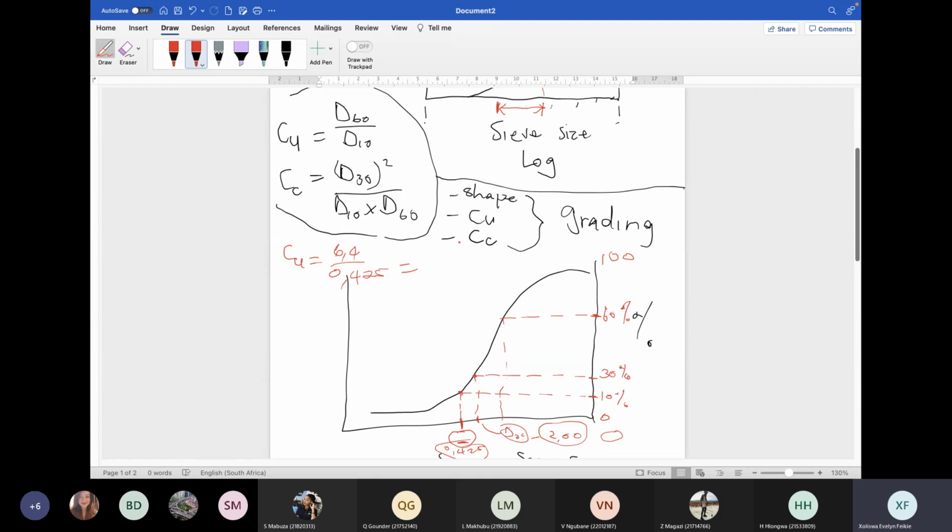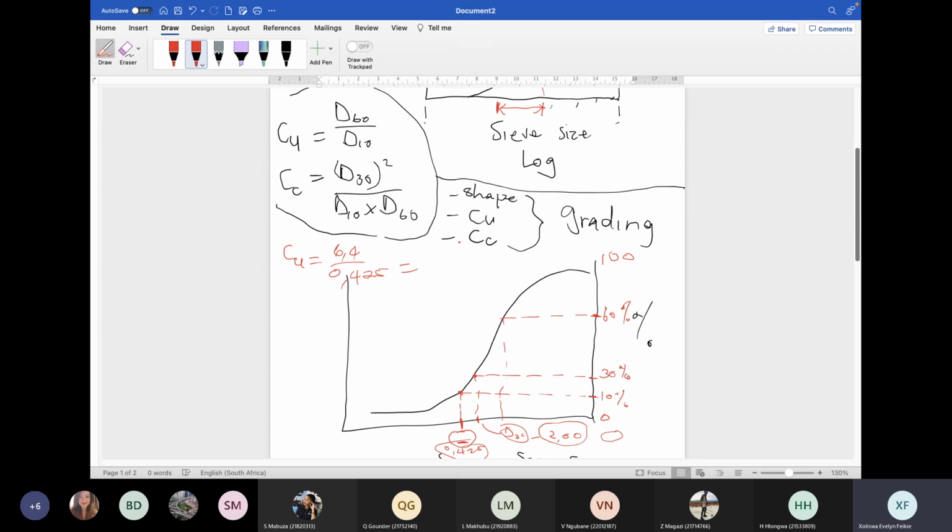If a question was 3 marks, and you were asked to comment on the grading of the soil, and you just say well graded, it might be that you saw your friend on the side writing well graded, and you don't even know why it's well graded. You might not get even 0.5 out of 3, you might get 0, because you don't answer that question that way, especially this one.